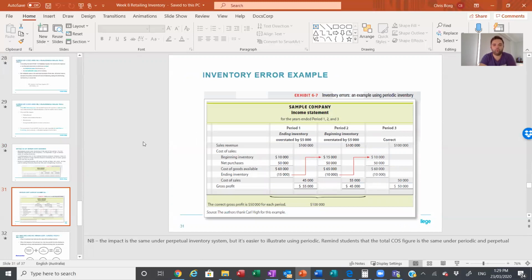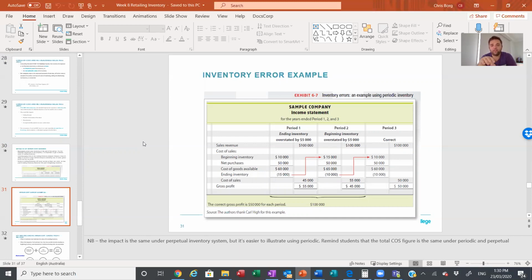Okay, an example of how an inventory error can look. If we've got incorrect closing stock on hand, what you can see is that ending inventory for the first period becomes your beginning inventory for the second period. After the movement of net purchases, your ending inventory again is dictated based on that, and then that ending inventory goes into the opening period for the third period.